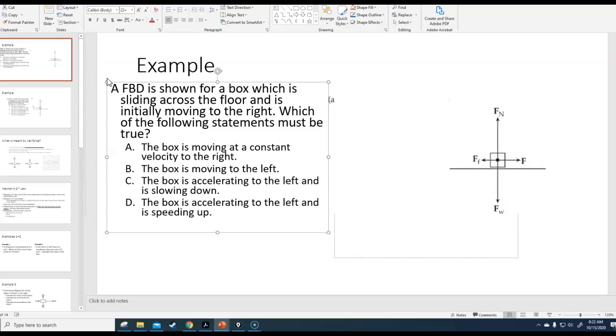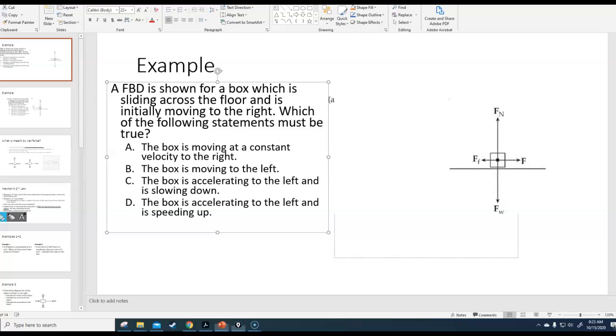If you're looking at this FBD, you see there's an arrow up and an arrow down. Those are the same length, and so when we go to calculate the net force, those two forces are going to cancel out. The arrow to the right is longer than the arrow to the left. That does not mean that the object is moving to the right.